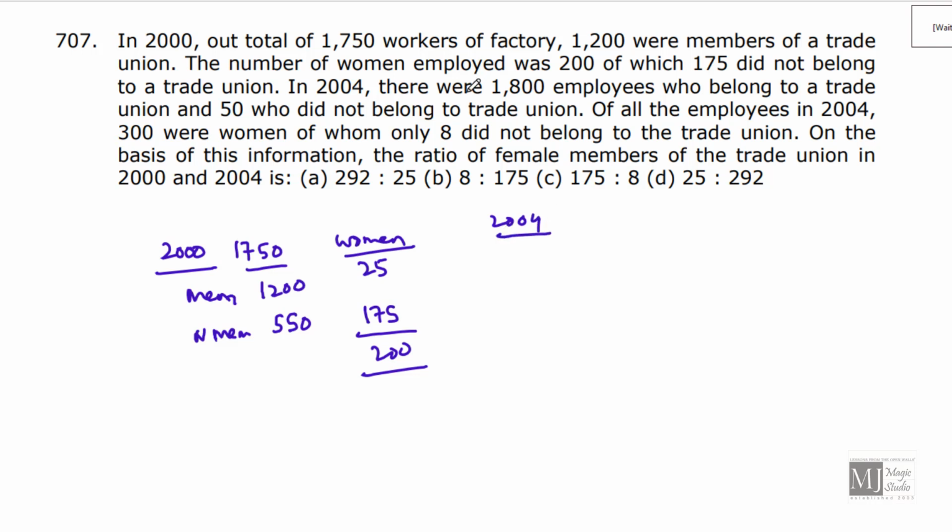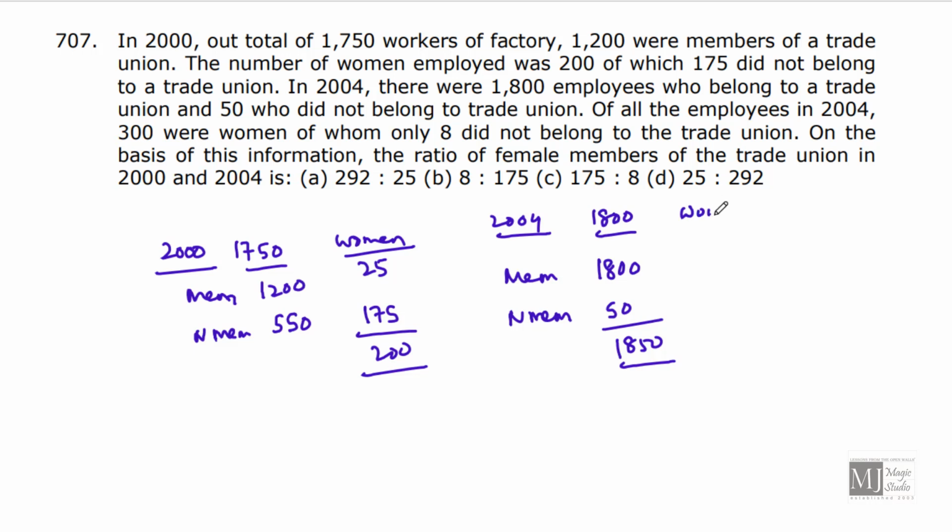In 2004, there were 1800 employees who belonged to a trade union. Members of trade unions were 1800, and 50 did not belong to a trade union. Non-members 50, total 1850. Of all the employees in 2004, 300 were women, of whom 8 did not belong to the trade union. That means 292 belong to the trade union.